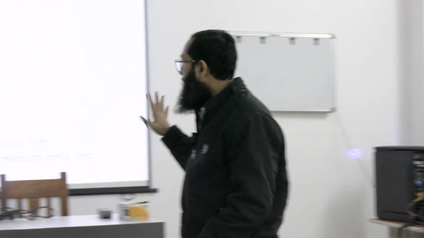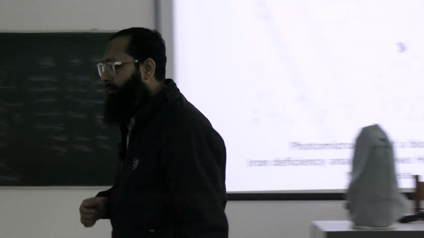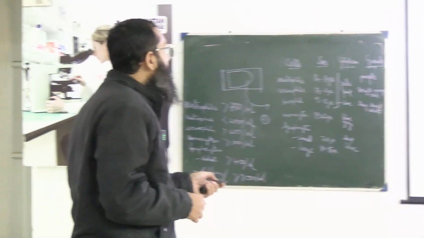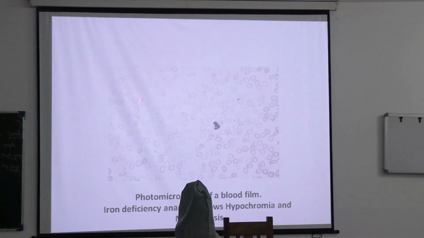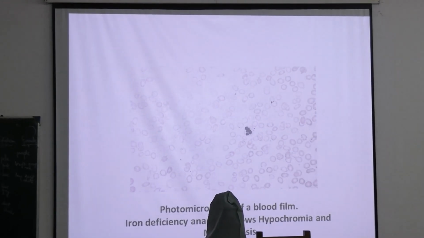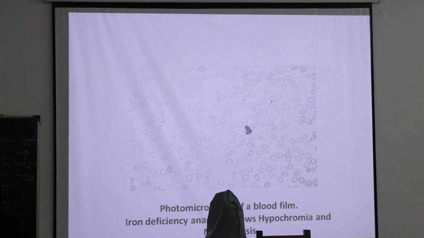So, this is a peripheral blood picture showing microcytic hypochromic RBCs. Is it clear to all, or does anyone have some doubt in this picture? Can you describe the RBCs? Just try to describe these RBCs. How can you say it is small? Actually, there is no nucleus here, so you can't say it is small.